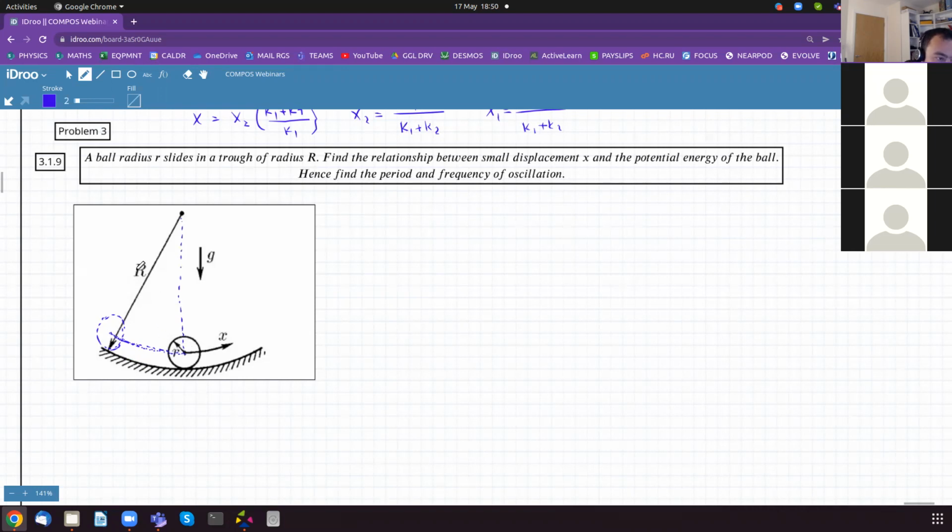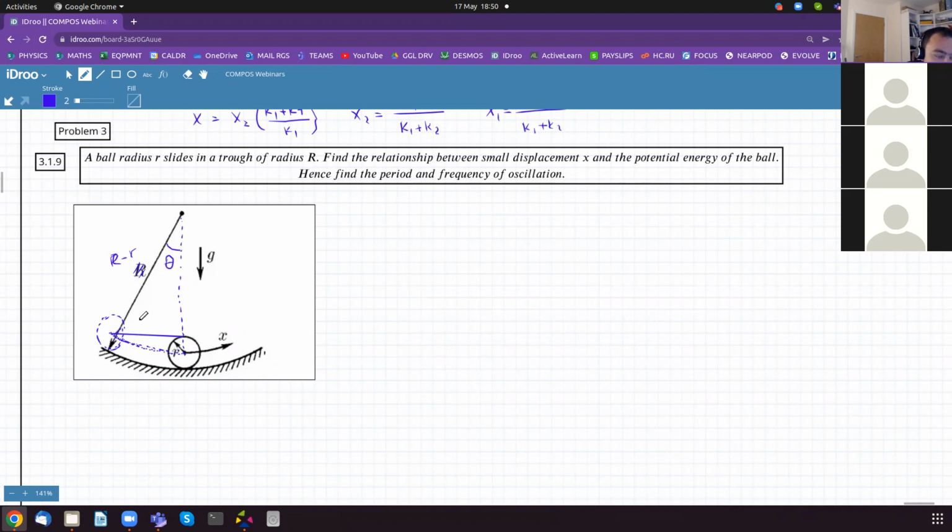And this radius is going to be R minus r. And if we draw a line like this, this angle is theta.